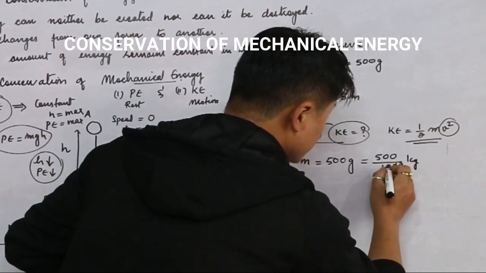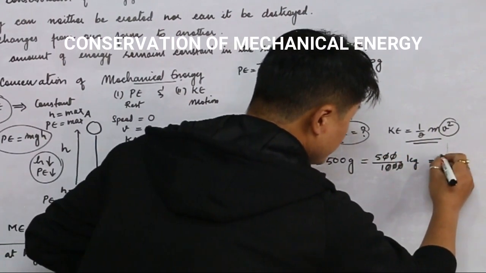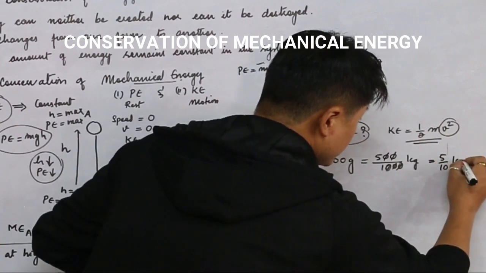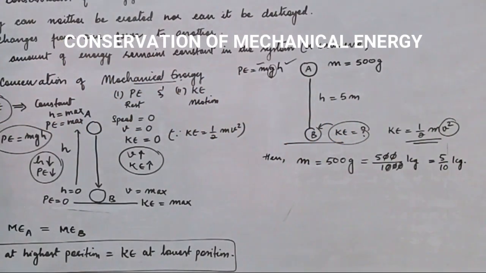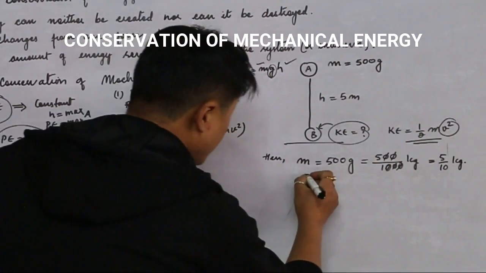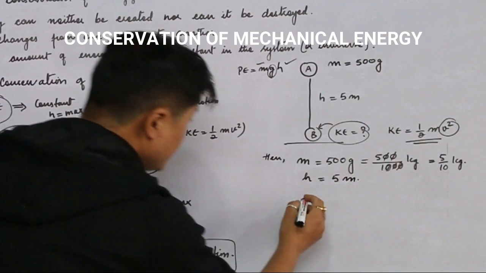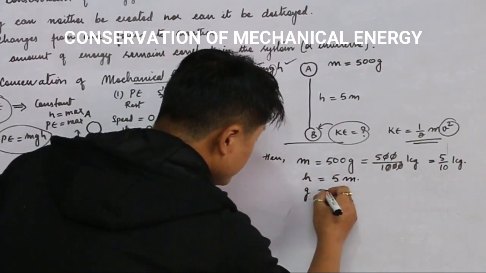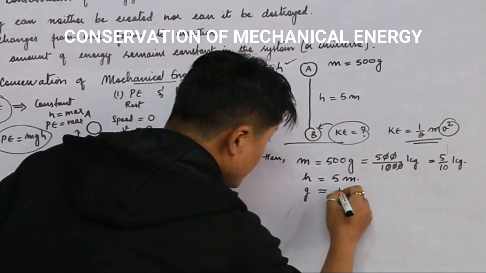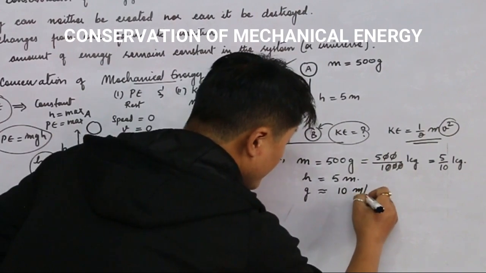This will be 5 divided by 10 kg. Clear? And h is given as 5 meter, and g approximate value is 10 meter per second square.